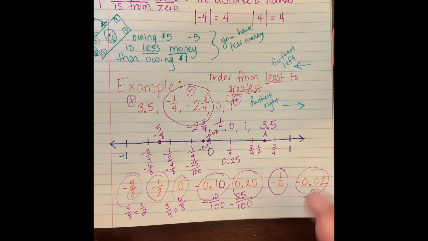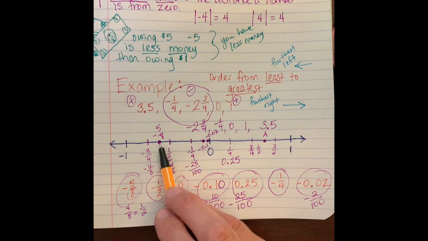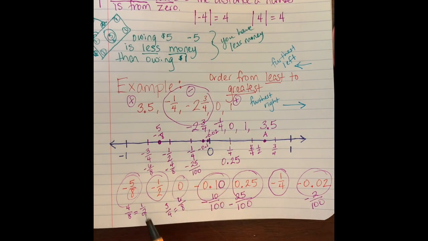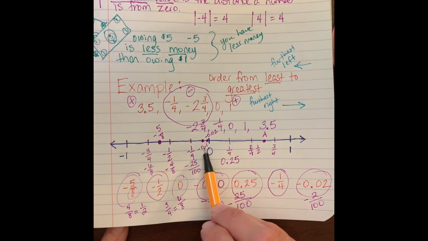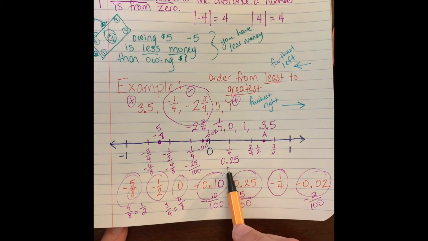And I can order these from least to greatest: negative 5/8, then negative 1/2, then negative 1/10, then negative 2 hundredths, then 0, then 25 hundredths, or 1/4.